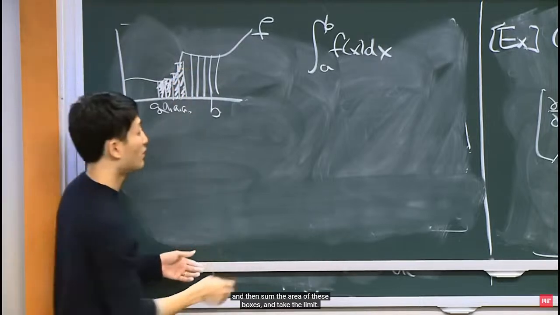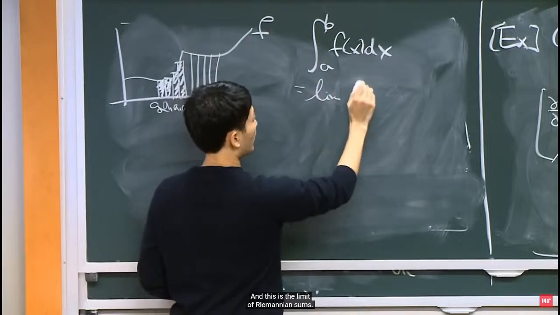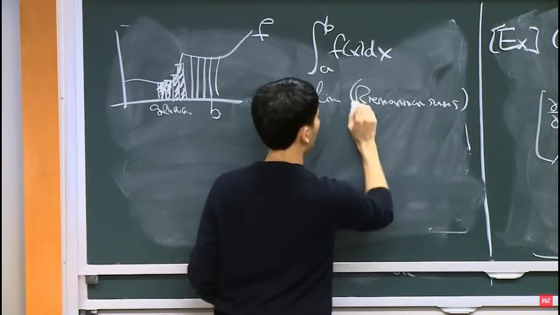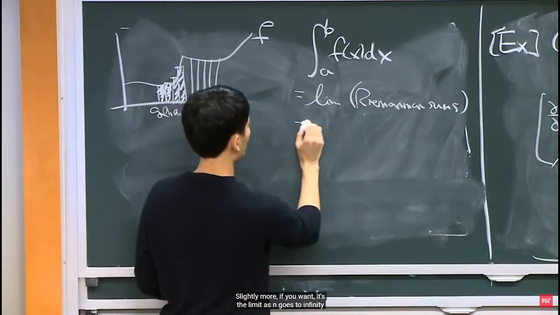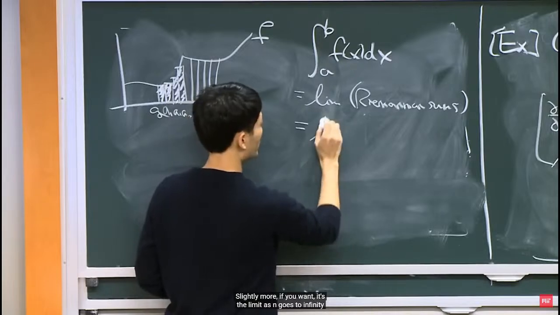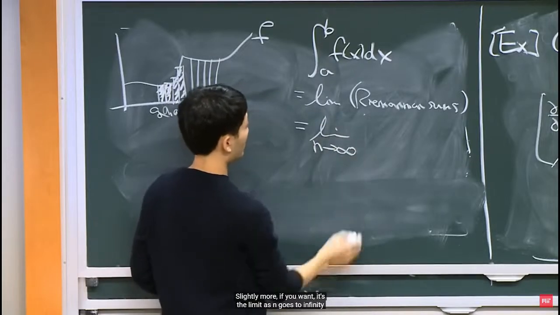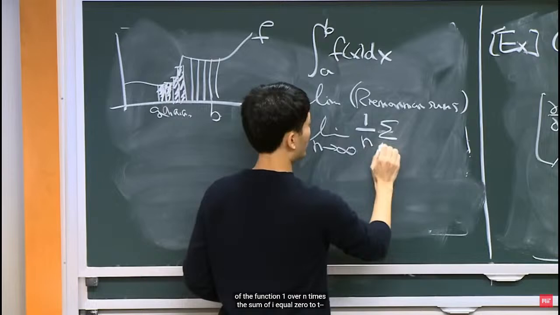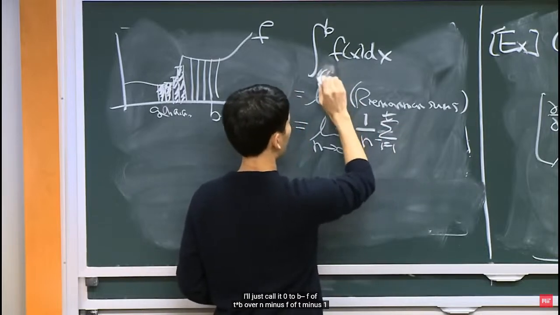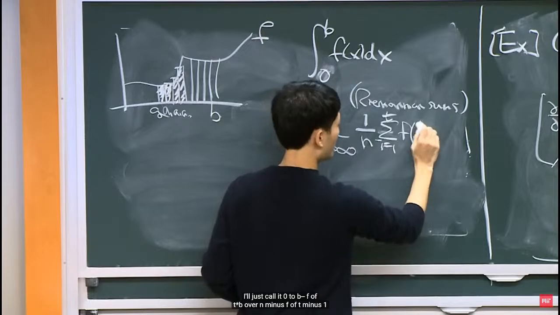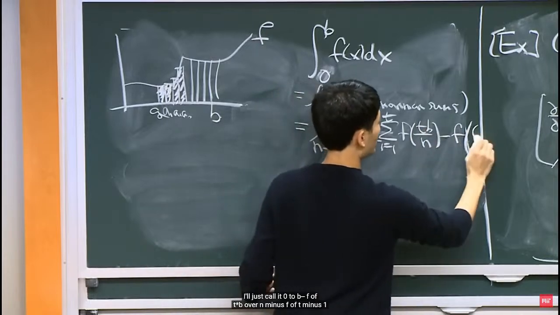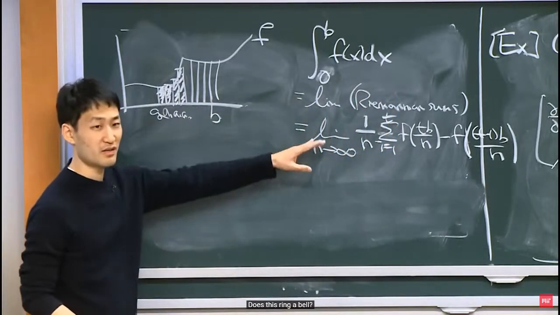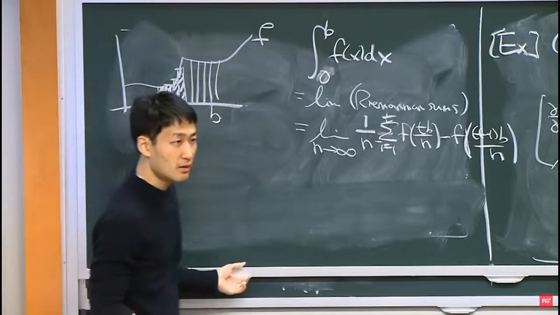And take a limit. So this was a limit of Riemann sums. More precisely, it's the limit as n goes to infinity of 1 over n times the sum from i equals 1 to n of f of t_i minus f of t_{i-1}, over 0 to b. Does this ring a bell? Okay.